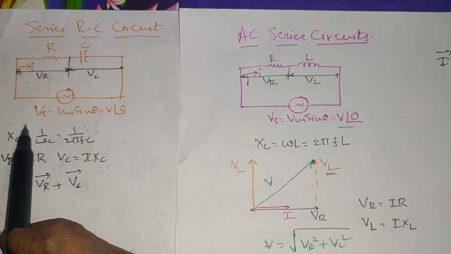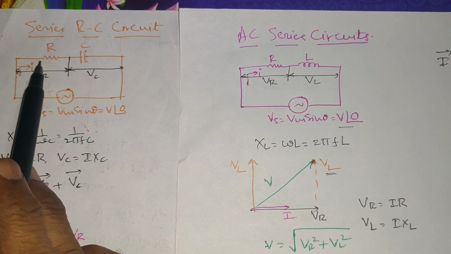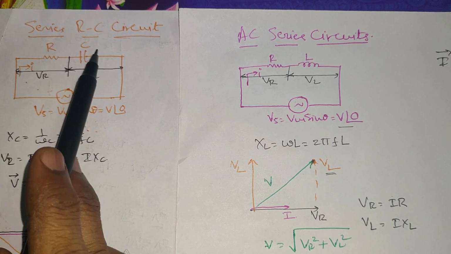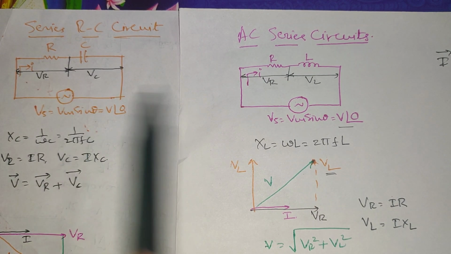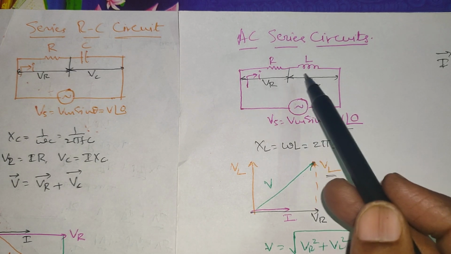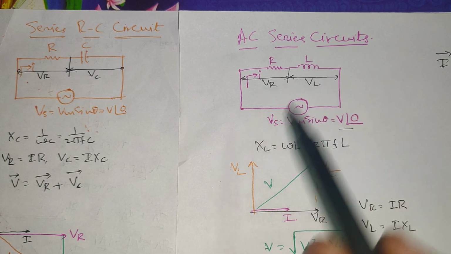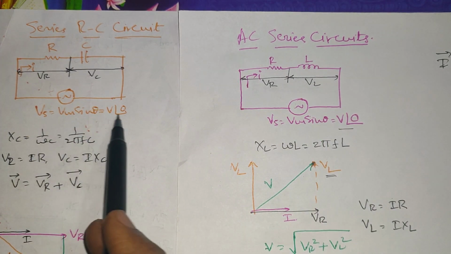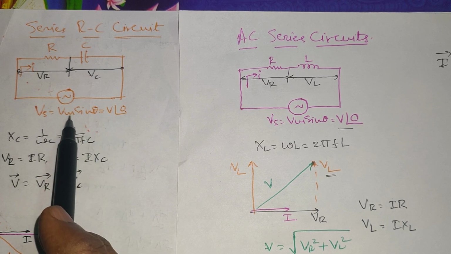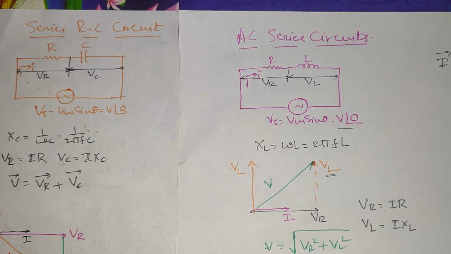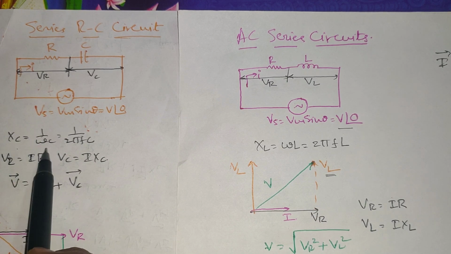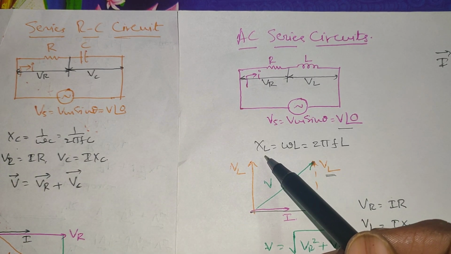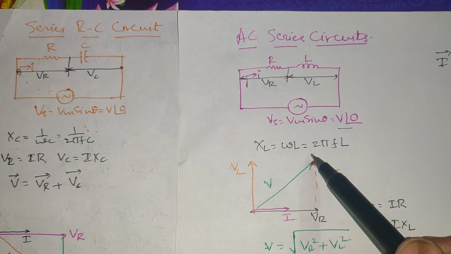I am considering a series combination of resistance and capacitor connected to an AC voltage, just as we have done for the RL circuit. The same supply I am considering, V at an angle of 0 or Vm sin theta. This is polar form. But the capacitive reactance will be 1 by omega C, whereas for inductance it will be the inductive reactance, which is equal to 2 pi fL or omega L.